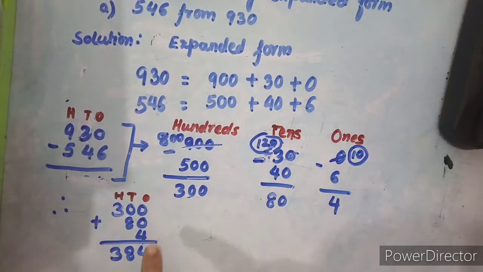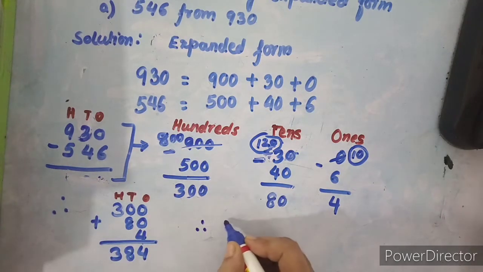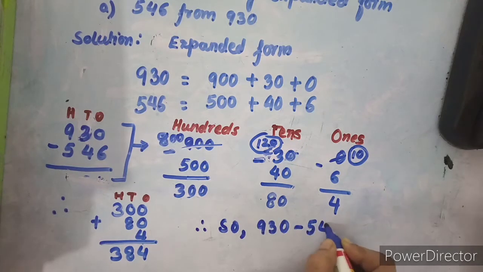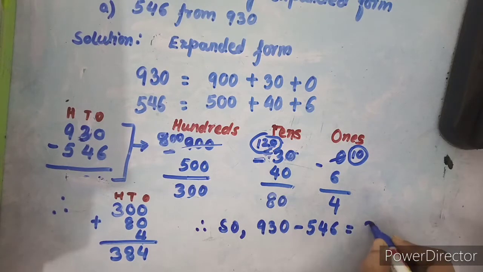So you are getting 300 plus 80 plus 4 as 384. Write the answer as 930 minus 546 gives you 384. Okay, so this is your answer for the first question.